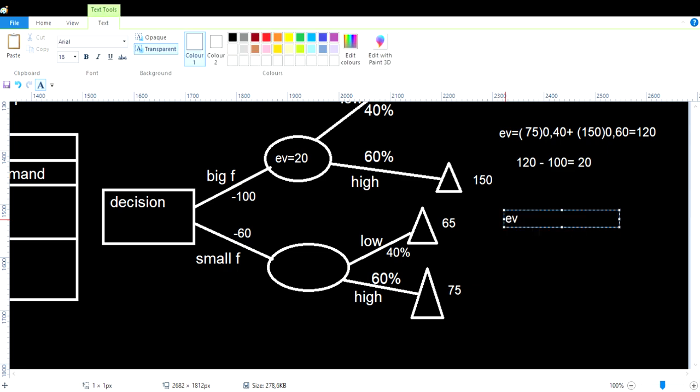Expected value is equal to 65 multiplied by 0.40 plus 75 multiplied by 0.60. The answer is equal to 71.